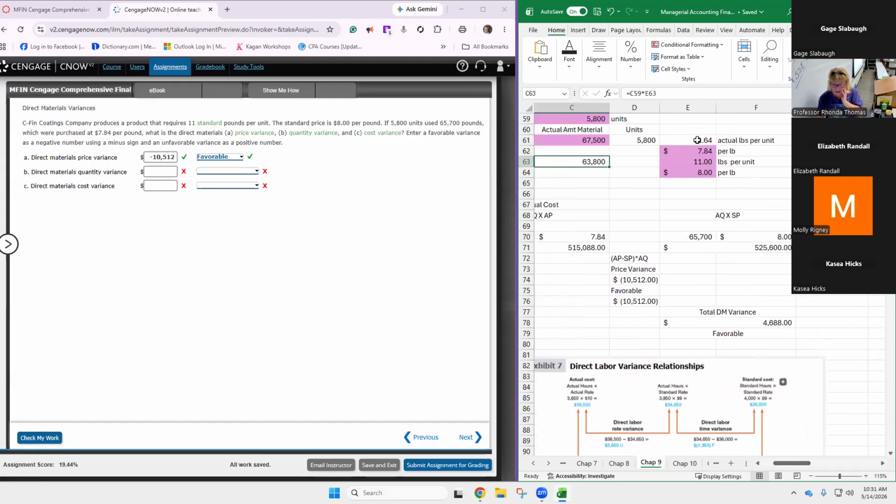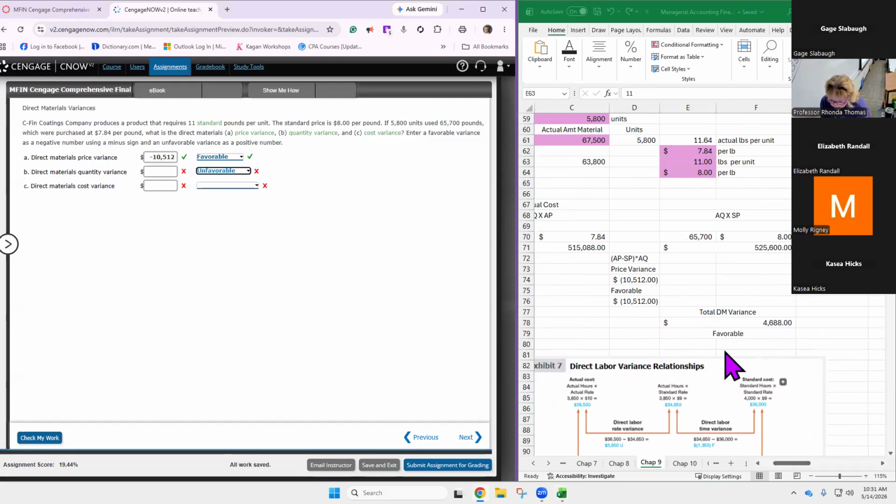Yep, because here's how many pounds we actually used, because we took the material they told us, divided it by 5,800, and this is going 0.64 pounds beyond the standard. So this one is going to be unfavorable. It's just a matter of how much.